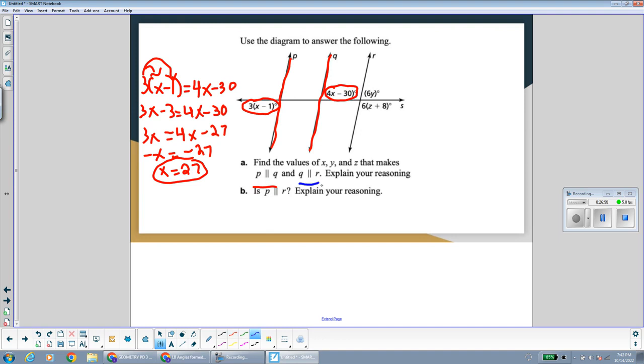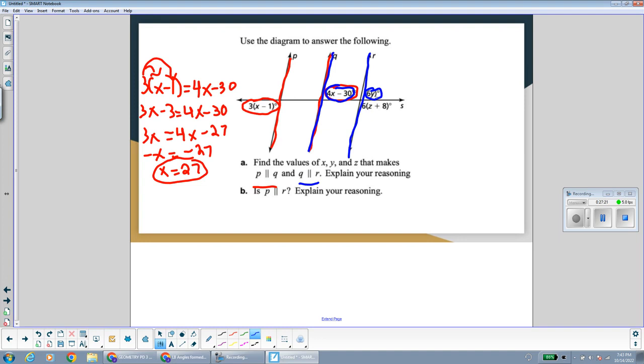We also need the values of x, y, and z that make Q parallel to R. So for a second, I'm going to focus on Q and R to see if I see any more angle relationships here. And I do notice that the 4x minus 30 degree angle from before and the 6y degree angle are corresponding angles.